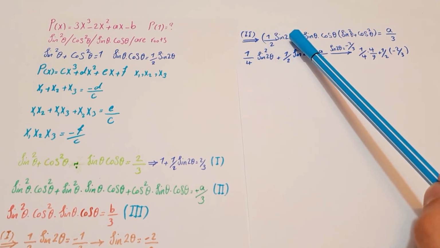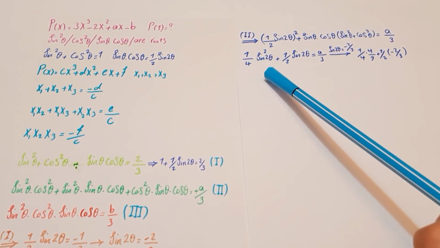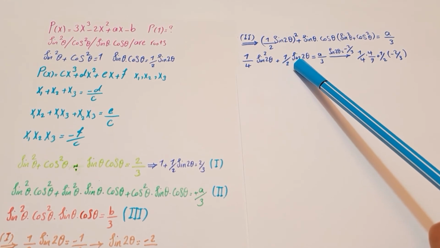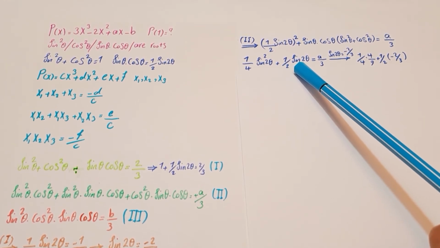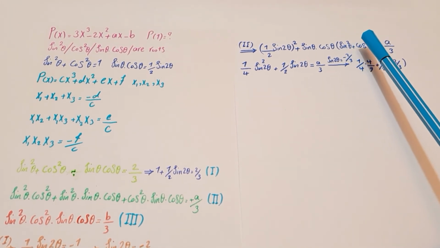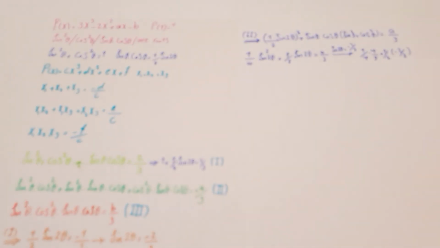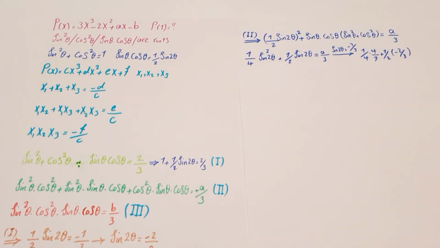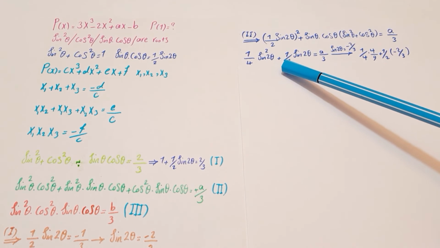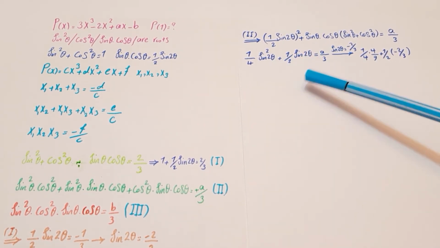I can write it here as 1 over 4 times sin²2θ plus 1 over 2 times sin 2θ. Why? Because sin²θ plus cos²θ is just equal to 1, and sinθ times cosθ is 1 over 2 times sin 2θ.